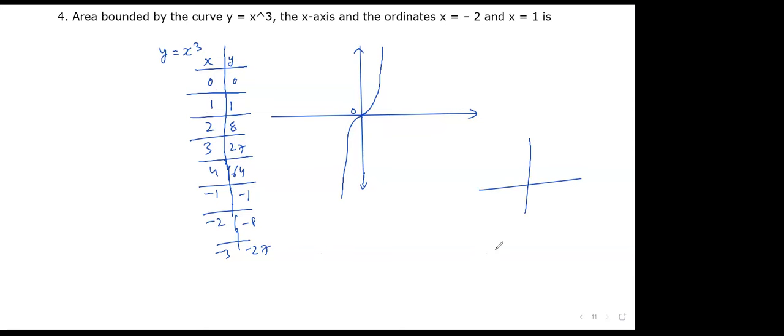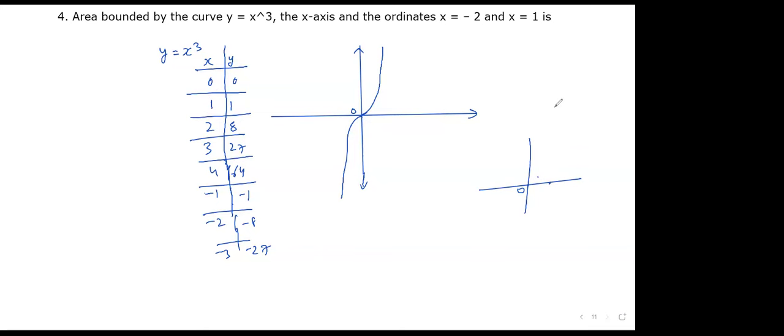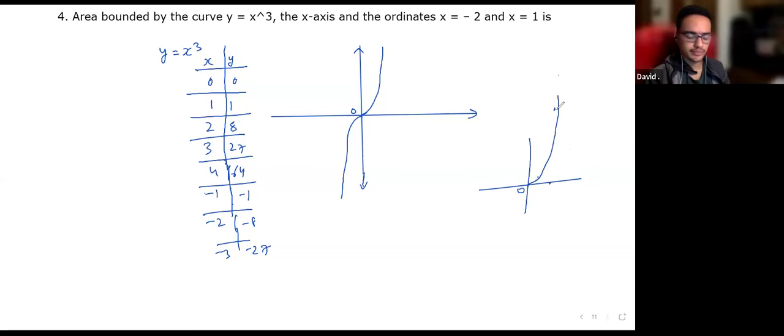You do not need to connect the points only. So (0, 0) will be like this only. (1, 1) is this point. (2, 8) is somewhere here itself. (3, 27) here. So it is going very sharp.